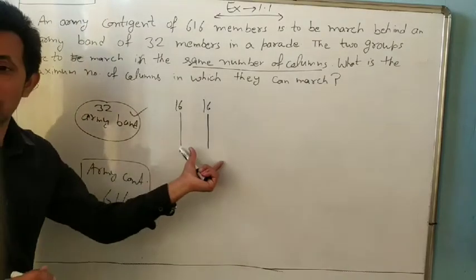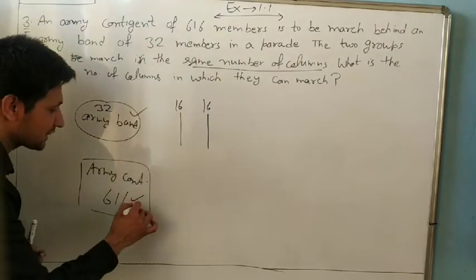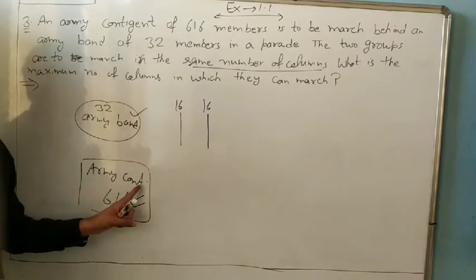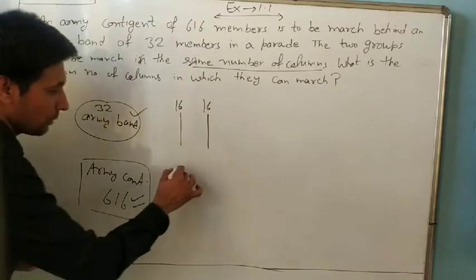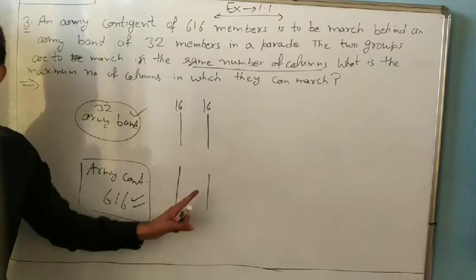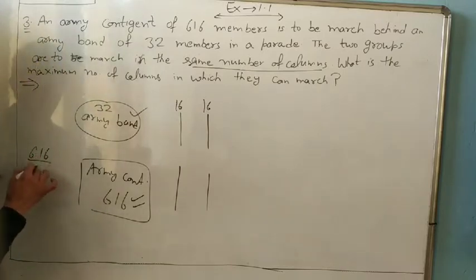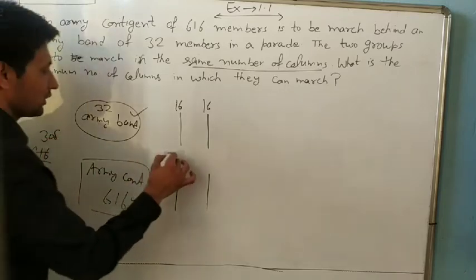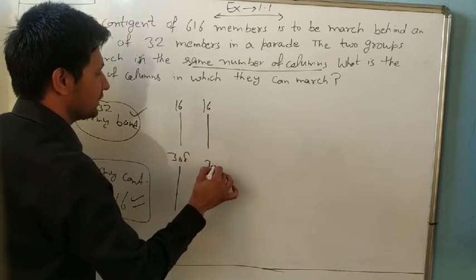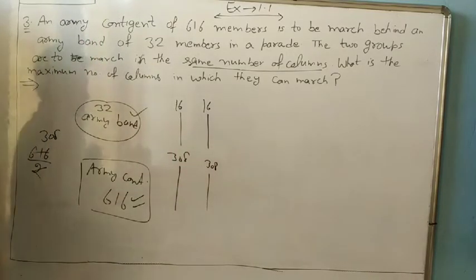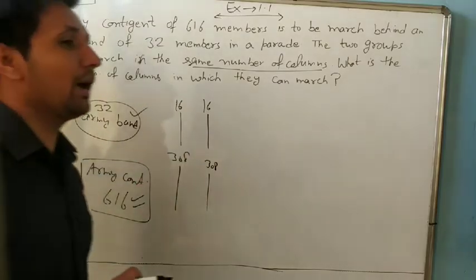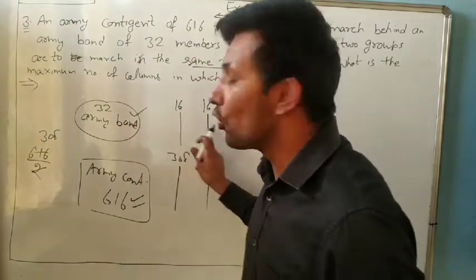So only two columns. It means the 616 army contingent members should also be in two columns. So one column has how much? 616 divided by 2. It comes to 308. So 308 in the first column, 308 in the second. Understand?